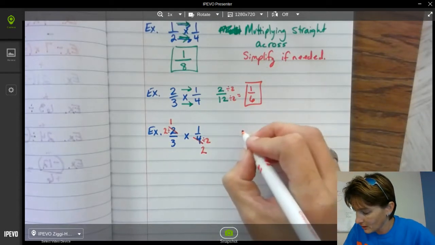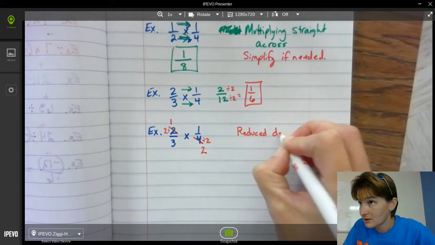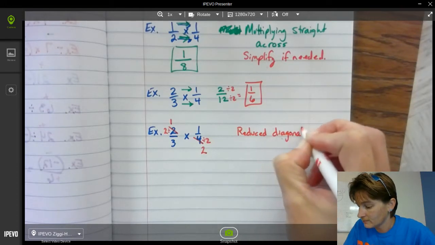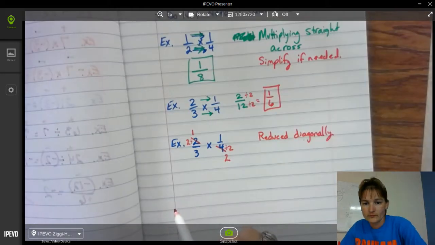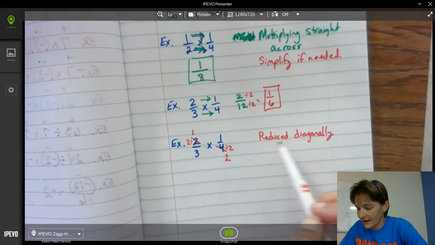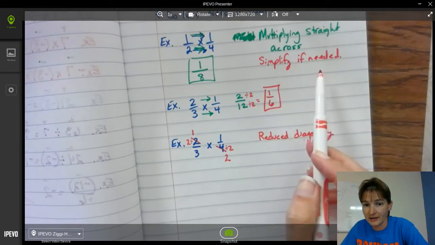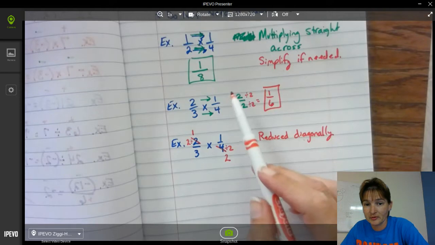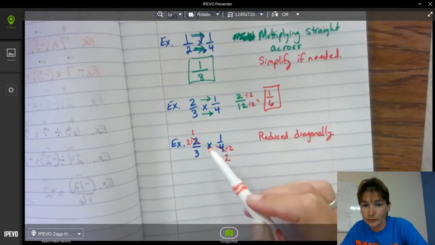So the first step here is that I reduced diagonally. So this is the simplifying if needed at the end. But instead of simplifying at the end, we're basically simplifying within the problem before doing anything else.